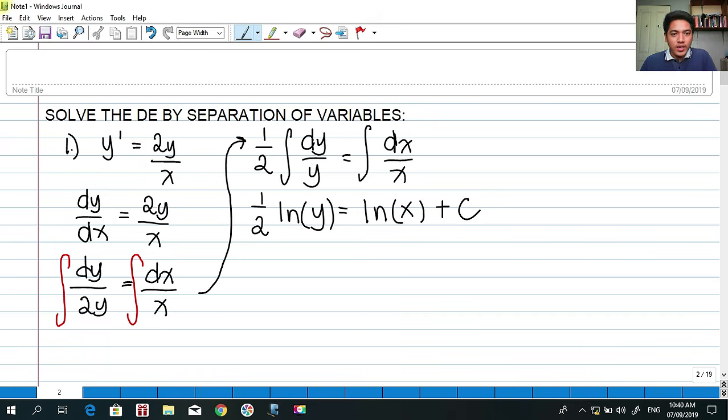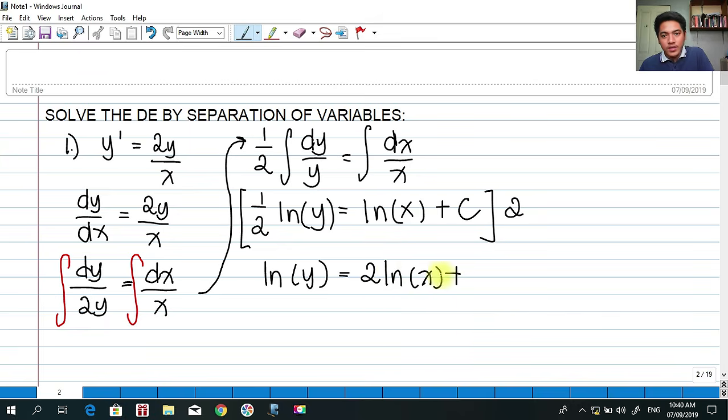So, continuing this, by properties of logarithm, we can multiply both sides by 2 to cancel the 1/2. We have ln of y is equal to 2 ln of x plus 2 times c.